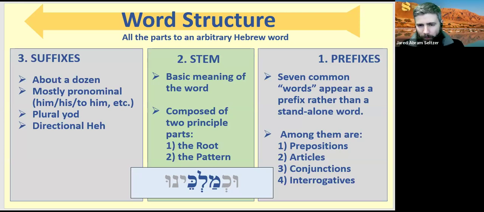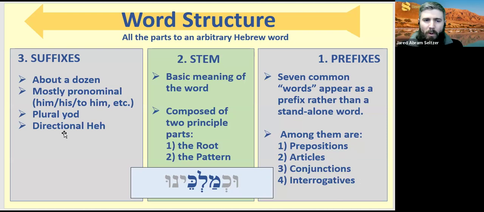You guys probably know about these, like, for example, conjunctions like and. It's not a separate word. It prefixes onto the following word. Well, there are some other things that will prefix onto another word. There are prepositions like ba, la, ka. There are articles like ha. There are interrogatives, which ask a yes or no question.